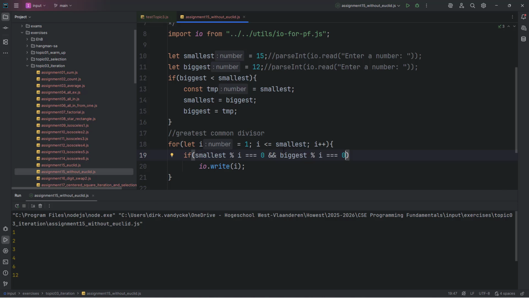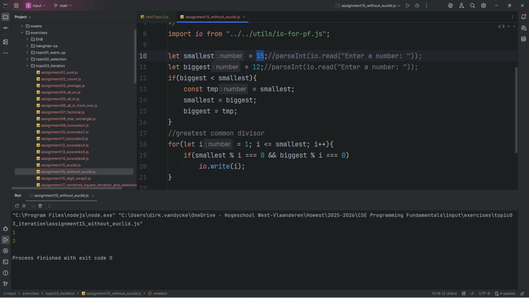And of course, for biggest, I would have 15, and this would turn the loop into printing 1, 3, 5, and 15 as divisors. But now I will find out if I have, and which, common divisors I have. Okay, so let's run it. 1 and 3, indeed. Okay.